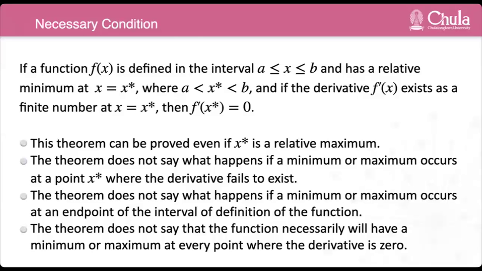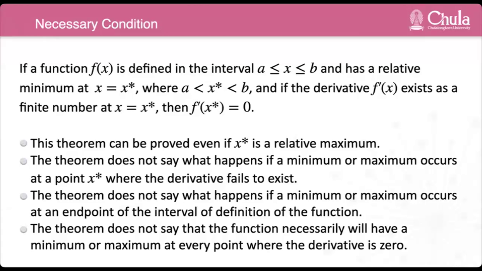We use the same theorem, but this theorem doesn't say what happens if a minimum or maximum occurs at a point where the derivative fails to exist. If in this domain between A and B you don't have a derivative, you cannot say anything. Even if you have a local minimum, the derivative at that point may not be zero, or may not exist.